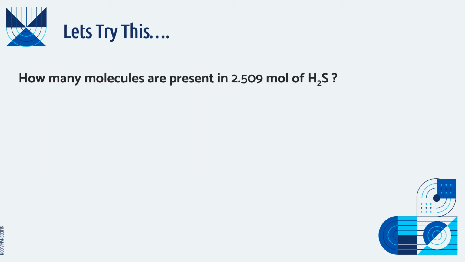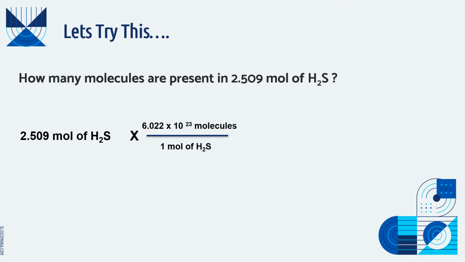Another example: how many molecules are present in 2.509 moles of hydrogen sulfide? So 2.509 mole of hydrogen sulfide. In every 1 mole of hydrogen sulfide, there is 6.022 times 10 raised to 23 molecules of hydrogen sulfide. Cancel the unit.